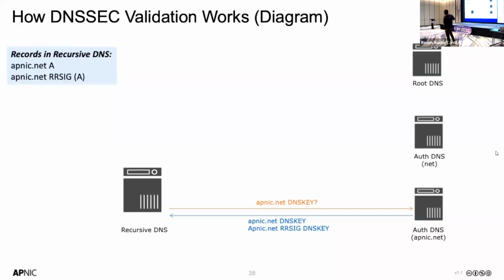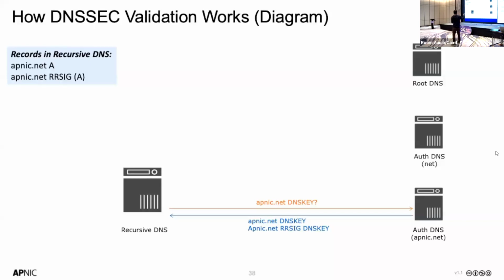Now we have the public part to verify whether the signature is valid or signed by the authentic server, right? So now my recursive DNS asks for the key. What is the key that signed or created this signature? So the public key is supplied, and now it can check whether the answer is valid or not.